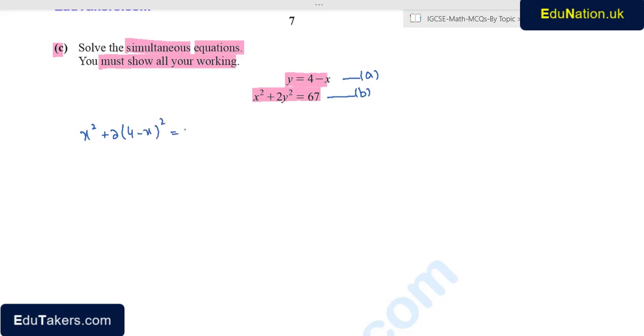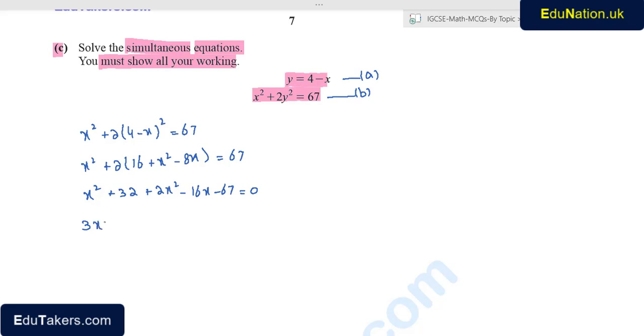its square equals 67. x square plus 2, opening this square, it will be 16 plus x square minus 8x equals 67. Expanding the bracket, x square plus 32 plus 2x square minus 16x and minus 67 equals 0.